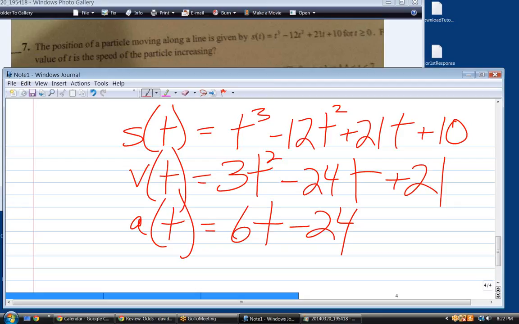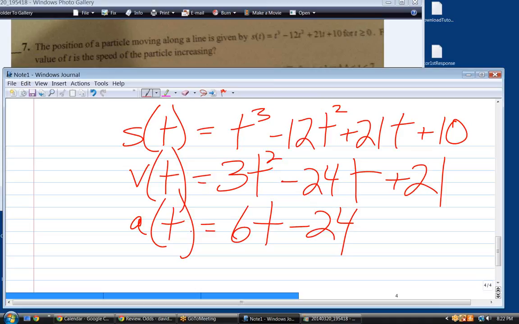And that is because if they'd have said velocity, then all I would have had to do was look at the acceleration function and figure out where it's positive, right? Because the acceleration is the first derivative of velocity, and wherever velocity is increasing, acceleration has to be positive.